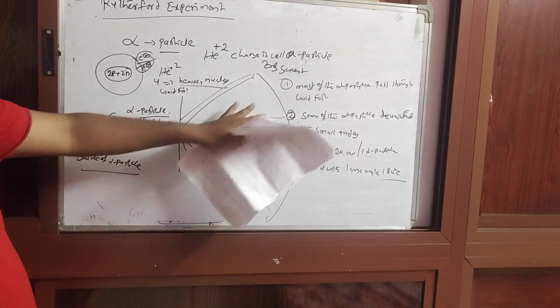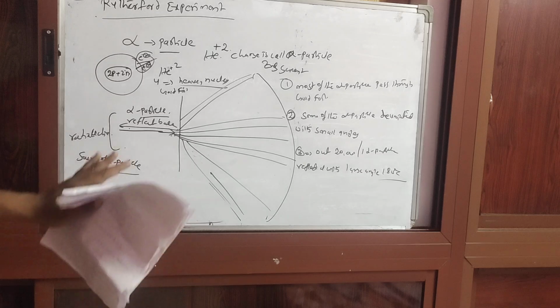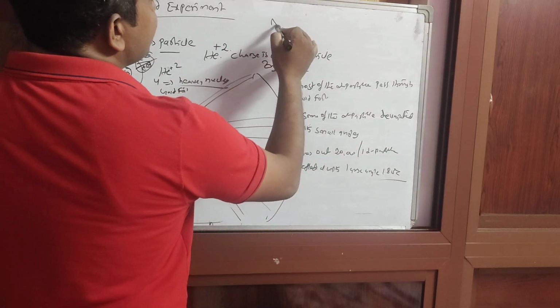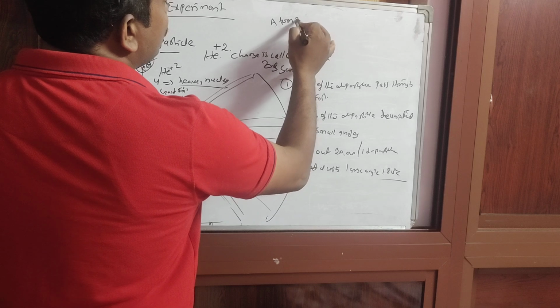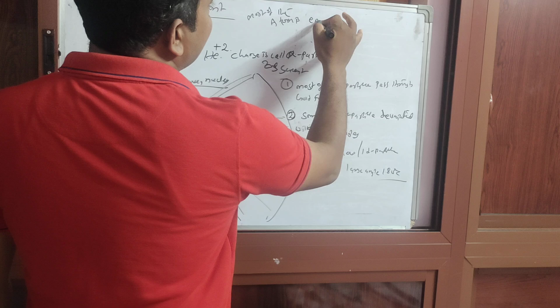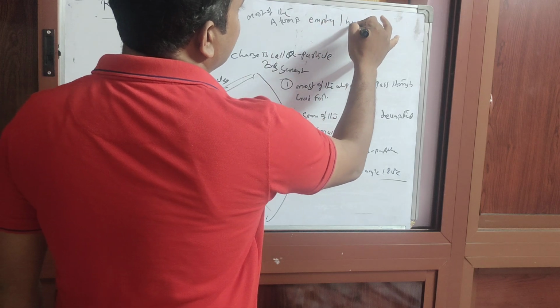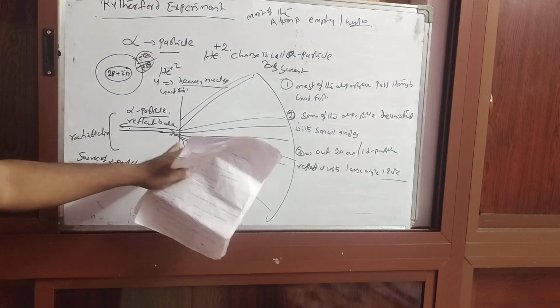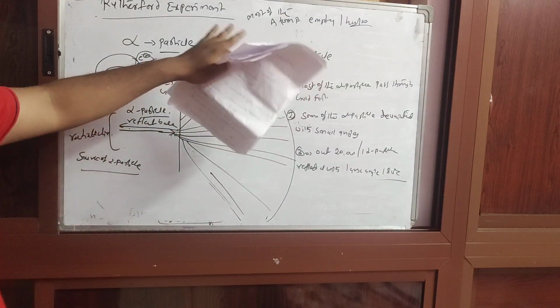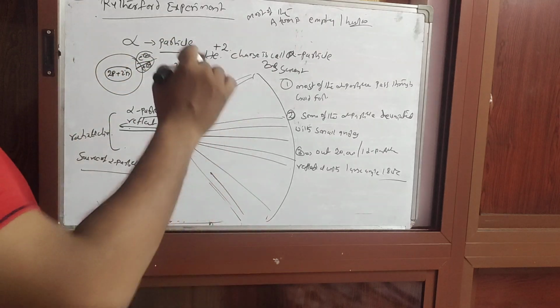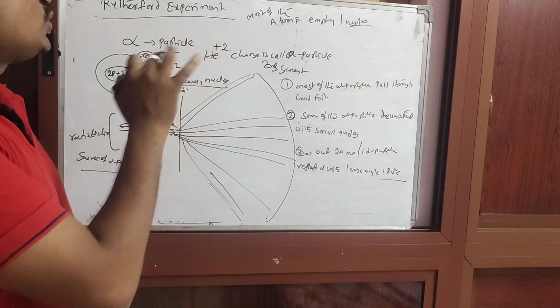From these three observations, he noted that most of the atom is empty, hollow. In the case of J.J. Thomson, he said the atom is completely a sphere of positive charge.